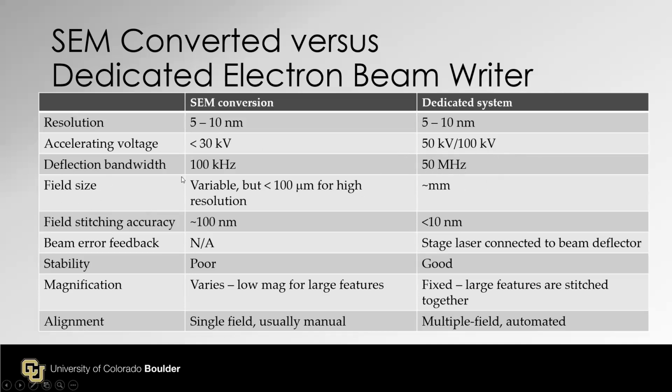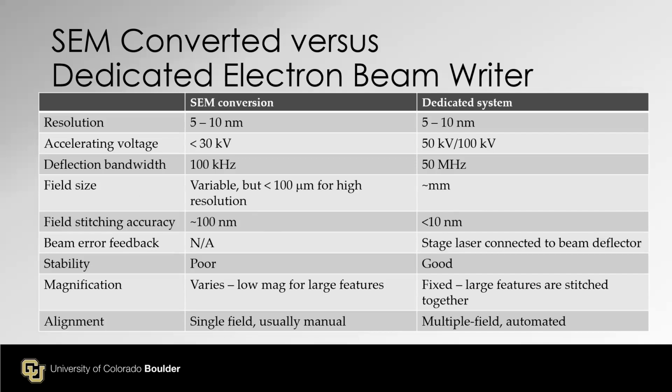The field size is variable for the SEM converted one. The dedicated system is about a millimeter-ish. Field stitching accuracy. It's very difficult to get good stitching accuracy with the SEM converted system, while with the dedicated system, we can do 10 nanometers or better.